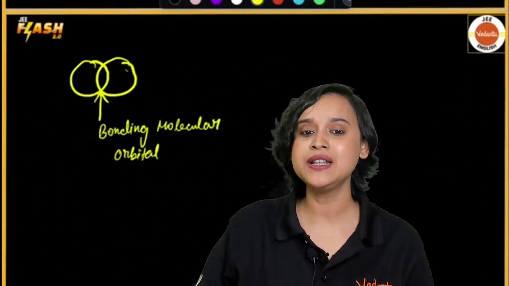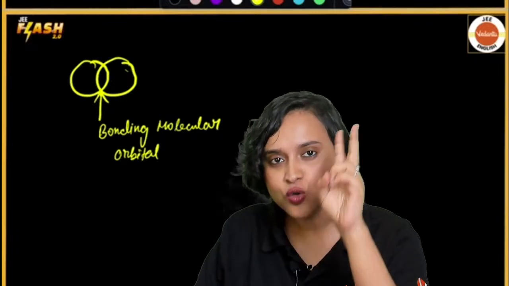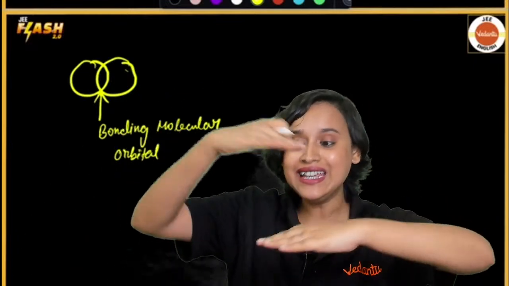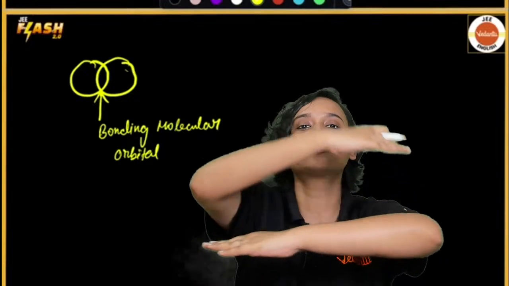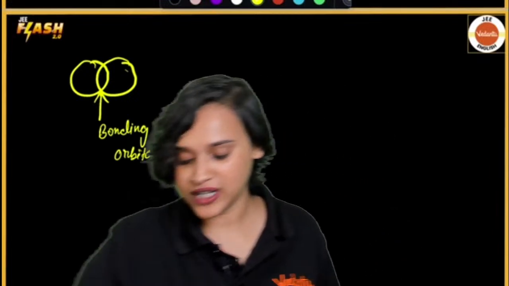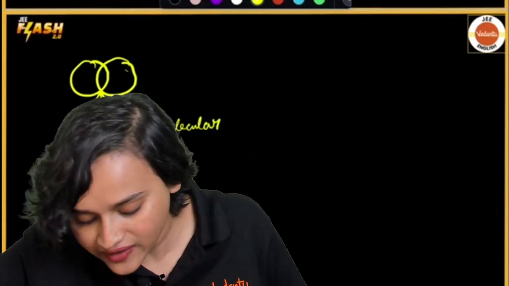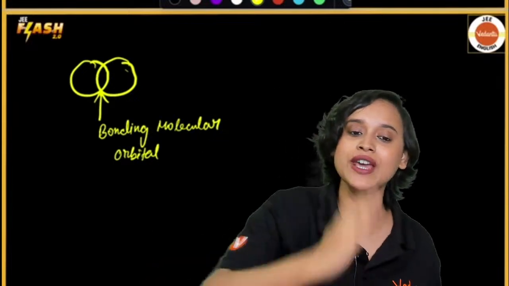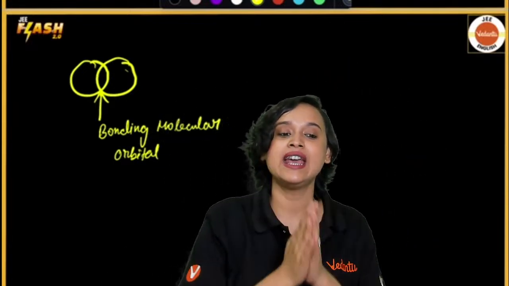Anyway, so what happens is when 2 atomic orbitals are in phase, what will happen? Constructive interference. In wave optics, you see that if two waves are in phase, then you get a constructive interference.